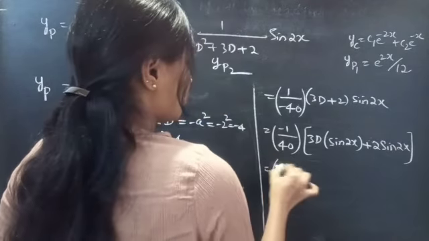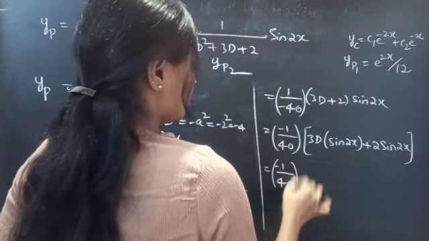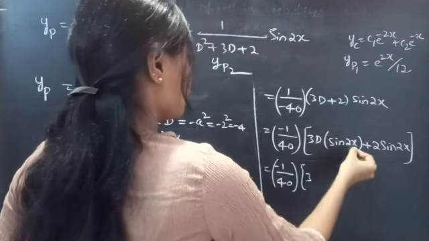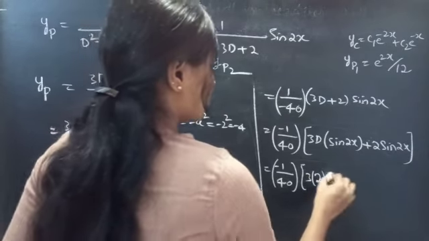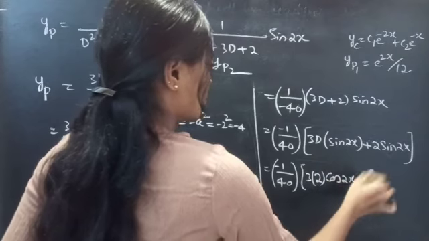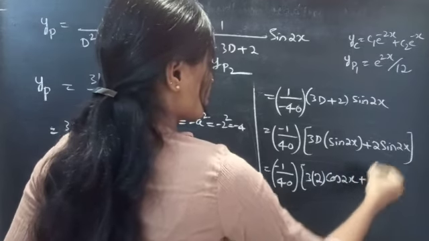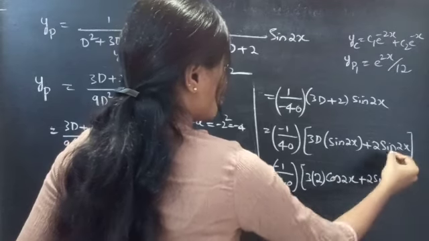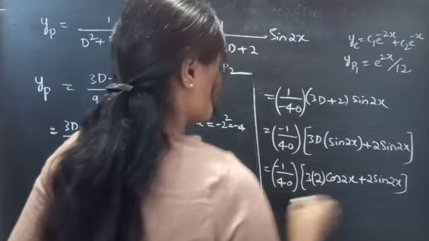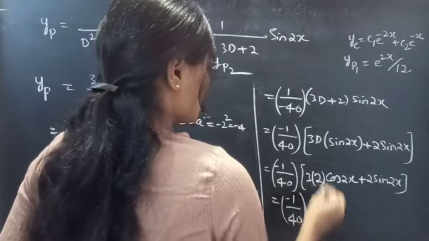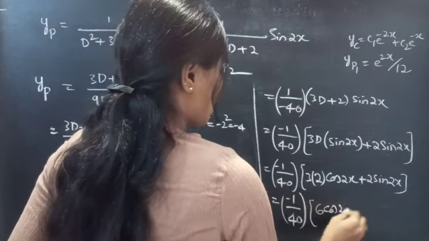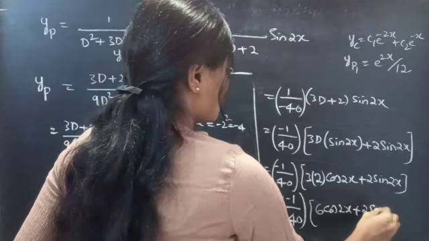Is equals to minus 1 by 40 into 3 into derivative of sine 2x is 2 cos 2x plus 2 sine 2x, which is equals to minus 1 by 40 into 3 2s are 6 cos 2x plus 2 sine 2x.